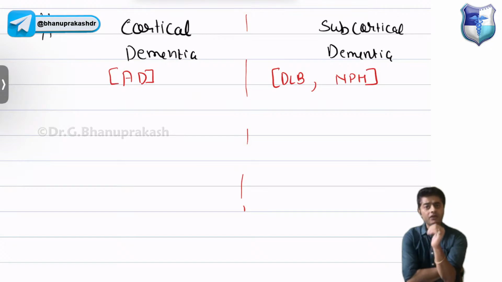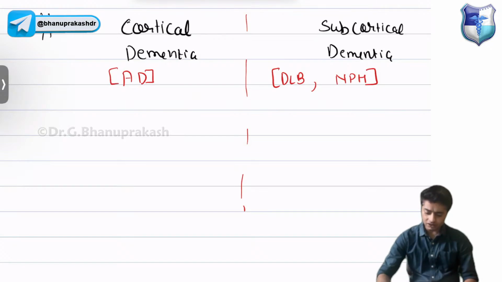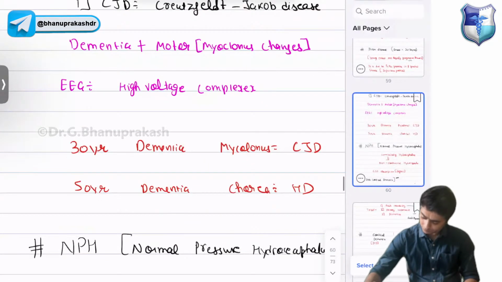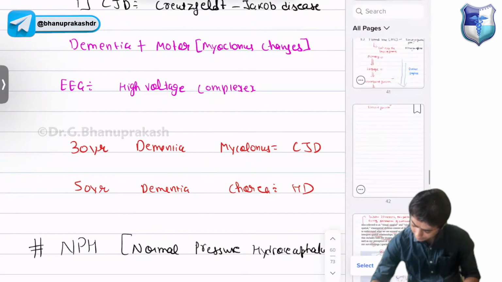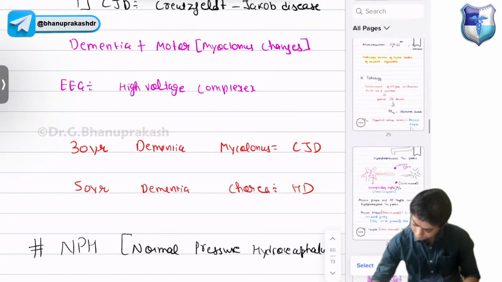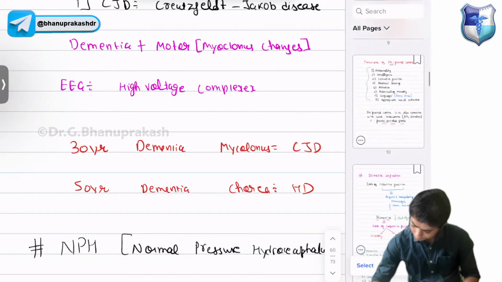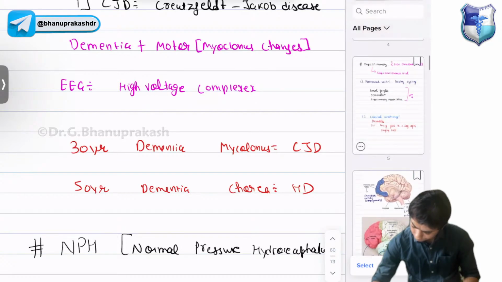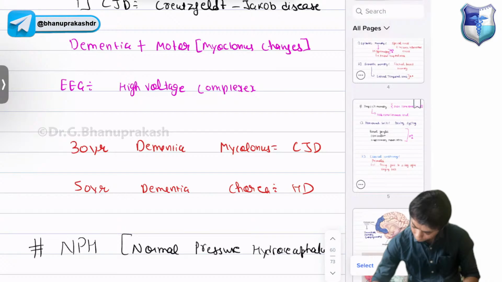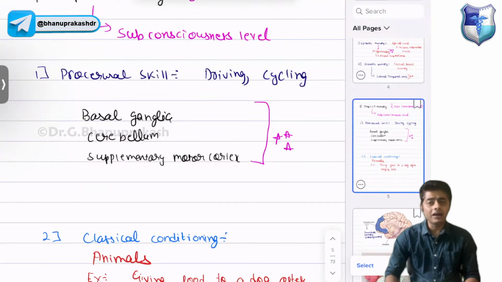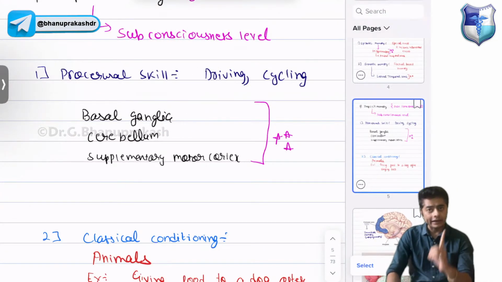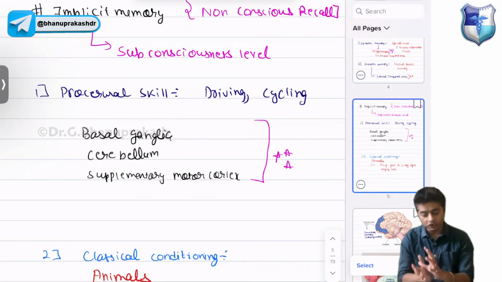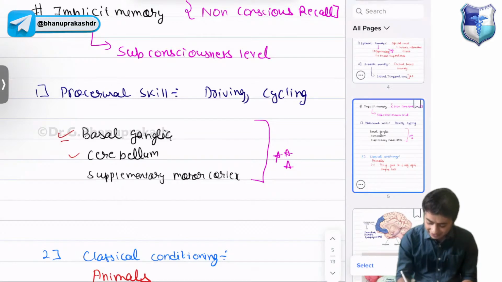See, if we go to this slide, I have told you in my last class, in long-term memory, the implicit memory, that is procedural skill memory, in which sensory and motor both are involved, it is controlled by your basal ganglia and cerebellum.